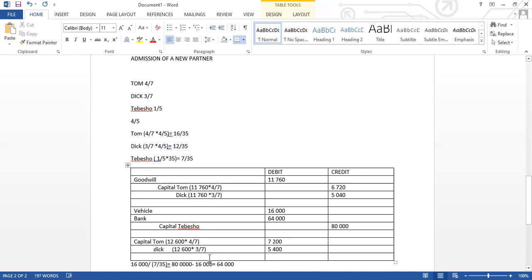So we'll credit our debtors because our debtors are actually decreasing. Debtors is an asset. An asset decreases on the credit side and they have lost in value. So we decrease our debtors with 12,600. Any questions? No. Okay. And then we move on.